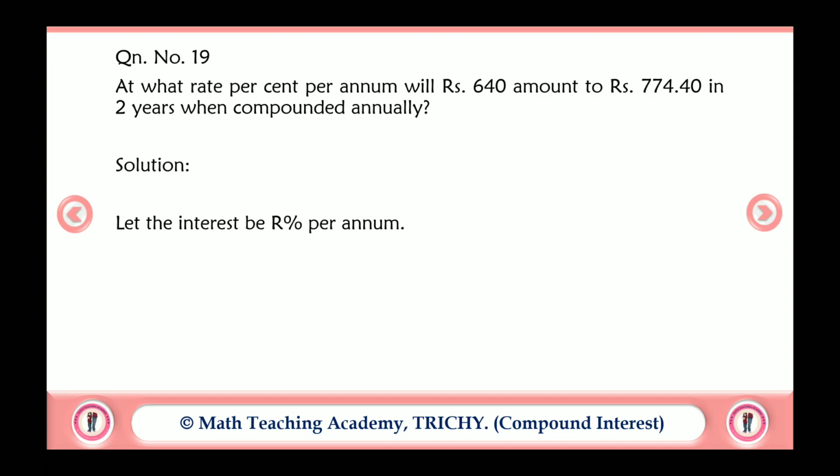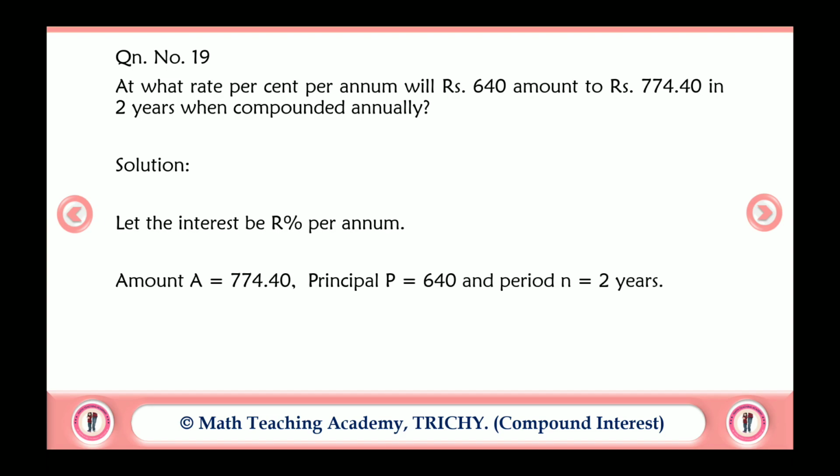So here we have to find the interest rate. Let R be the interest rate per annum. So the amount is A = 774.40, the principal is P = 640 and the period is n = 2 years.